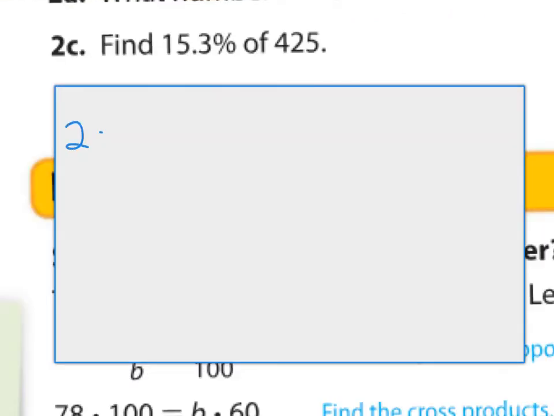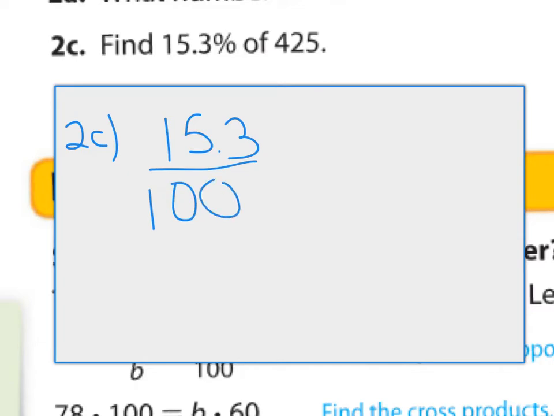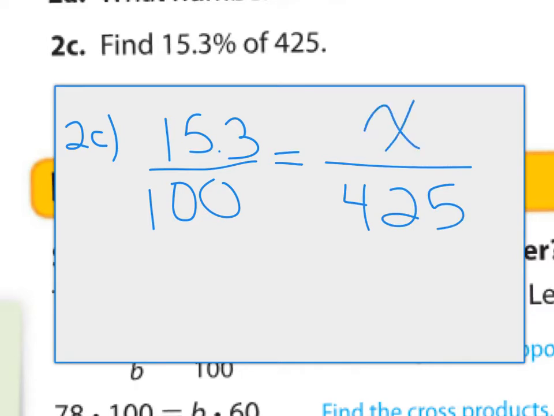Question 2C. Find 15.3% off or out of 425. We're looking for x.